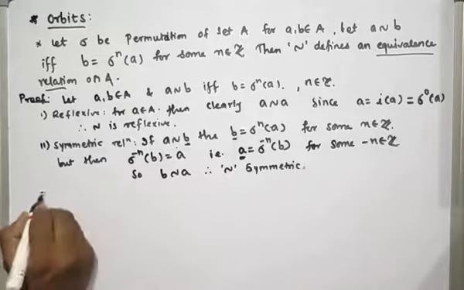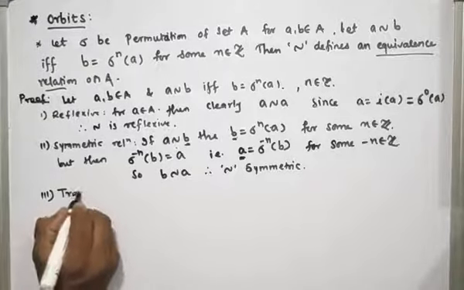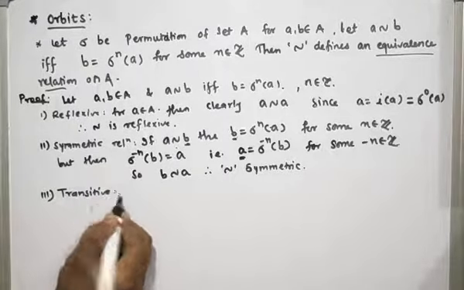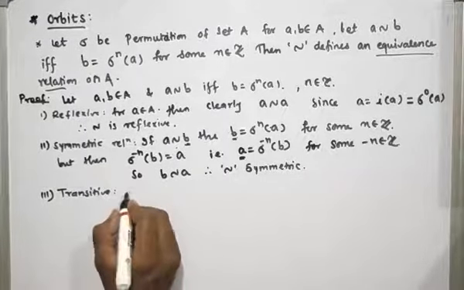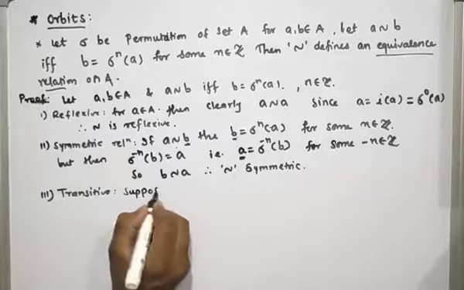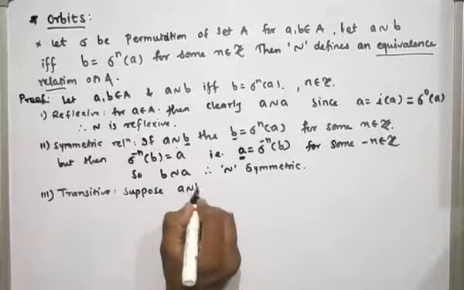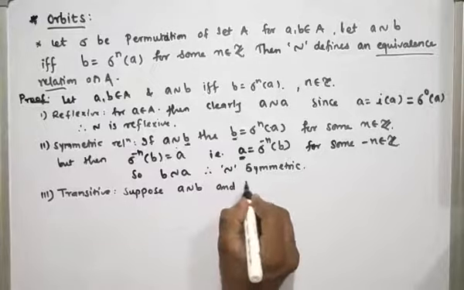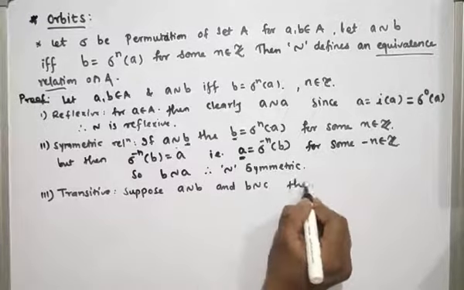And third, the transitive relation. For transitive, suppose we have A equivalent to B and B equivalent to C, then what do we have?